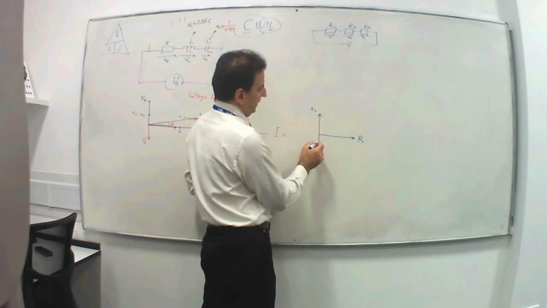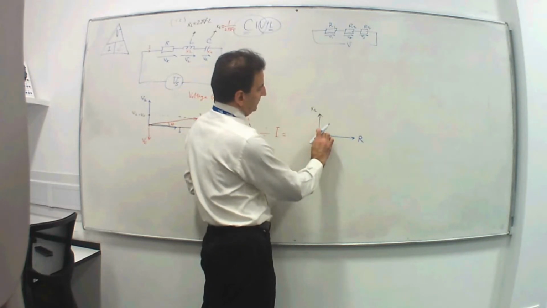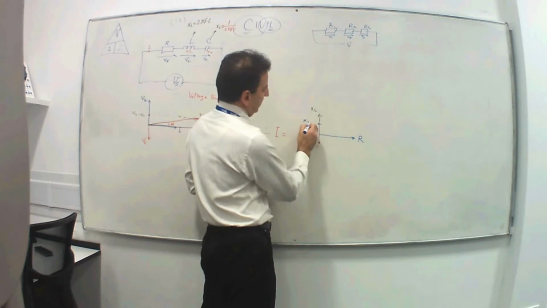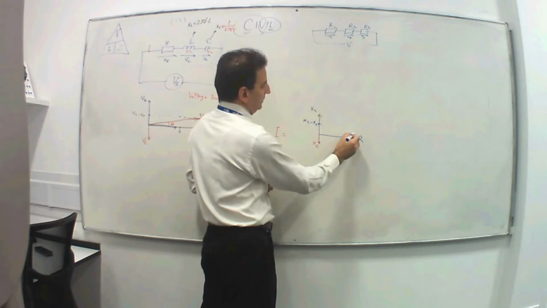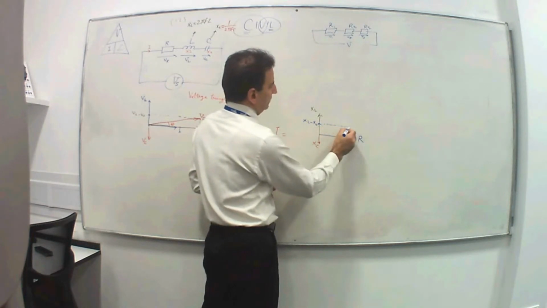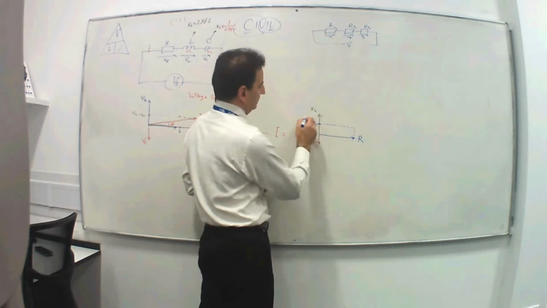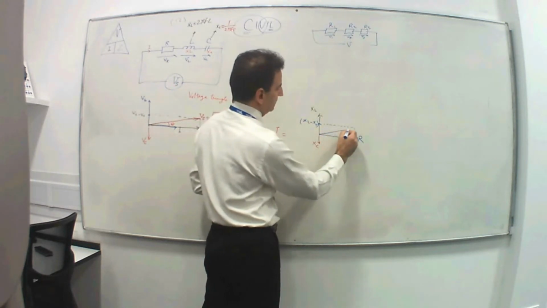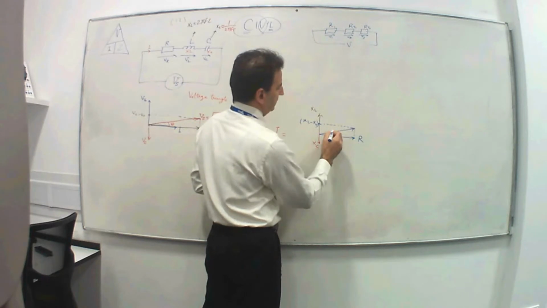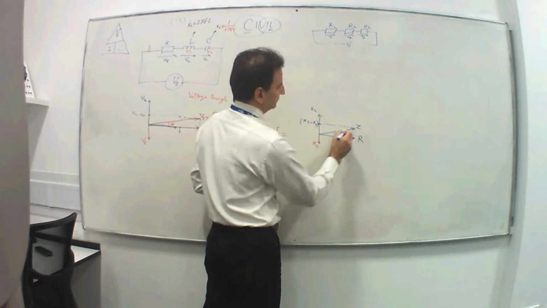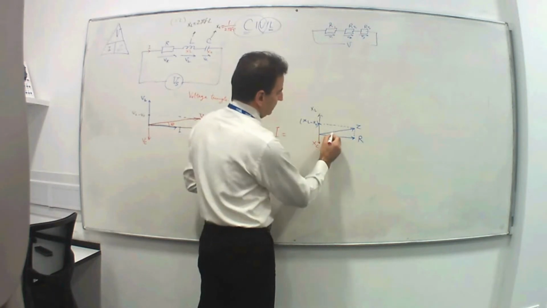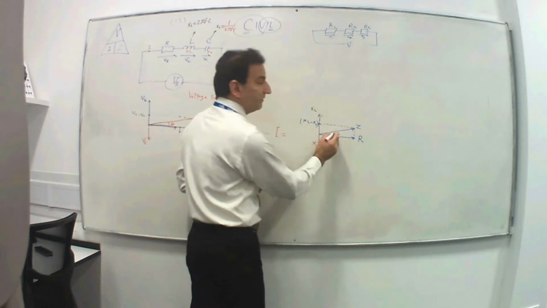So, again, we take XC away from XL, and that's XL minus XC. And the resultant between R and the XL minus XC vector is this, and that's your Z. And this is your, again, phase angle.